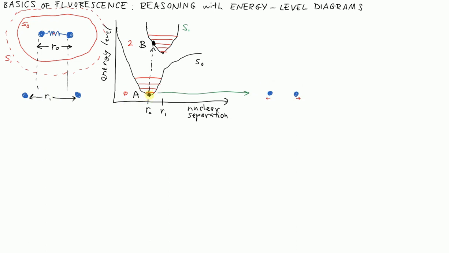Now the assertion is that when a photon of energy is absorbed, it somehow goes straight up to here, and notice something about point B. It has the same internuclear separation as the initial state did. So we have to draw the two nuclei as being at the same separation apart the instant after the photon is absorbed as the instant before the photon was absorbed.